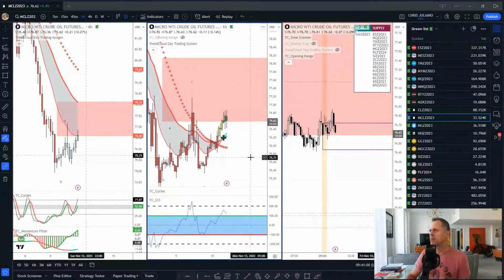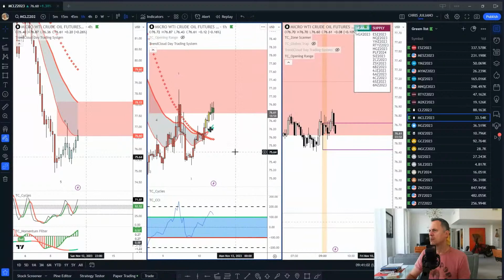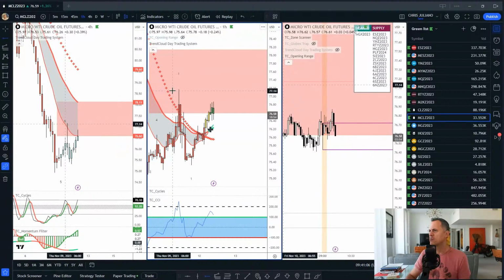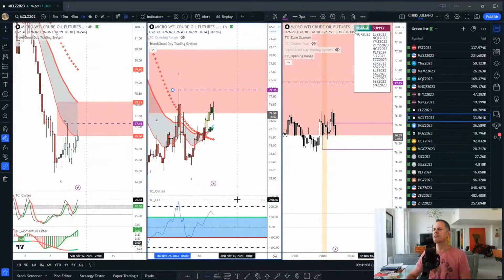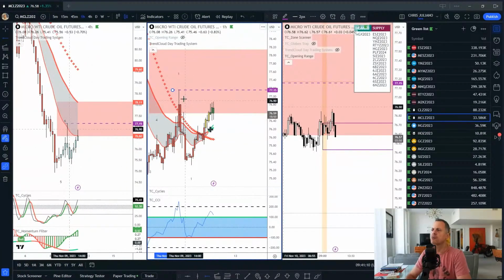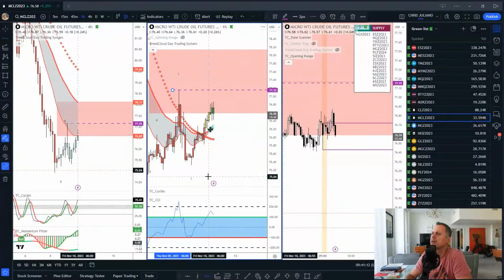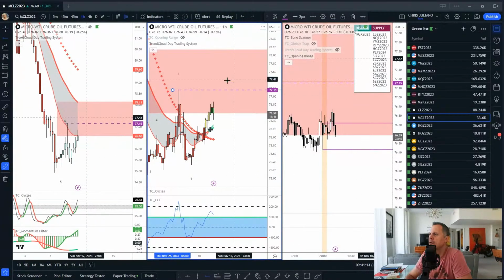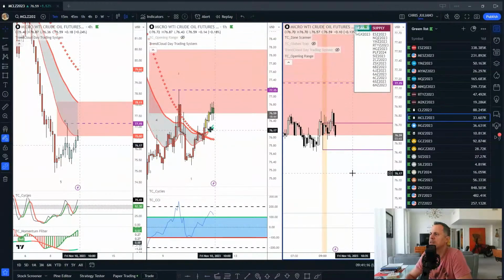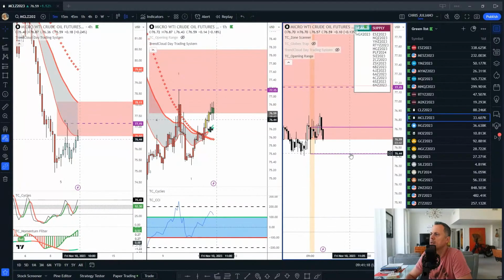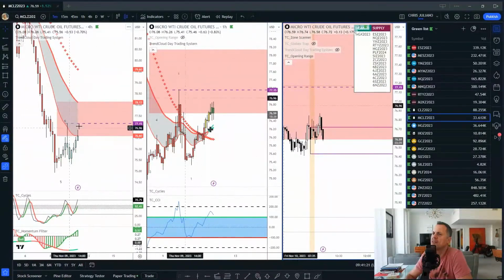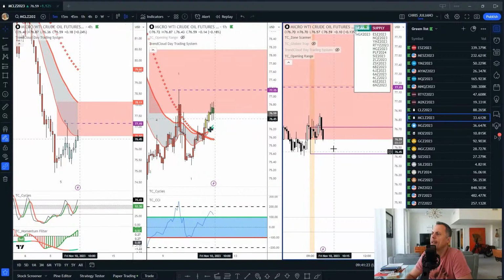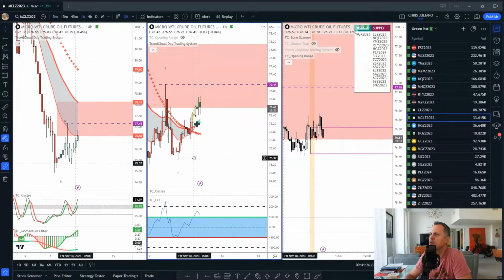So we really want to see that break first, don't we? That's structure there. If we can break through that, then start looking for our reason to go long, because at this point we're inside of that high time frame trend cloud, and we might get some sideways movement here.